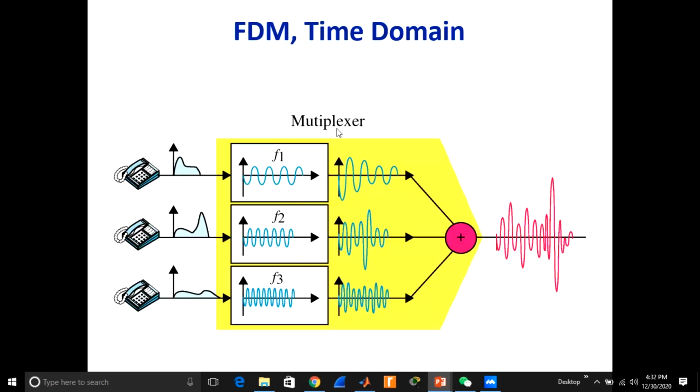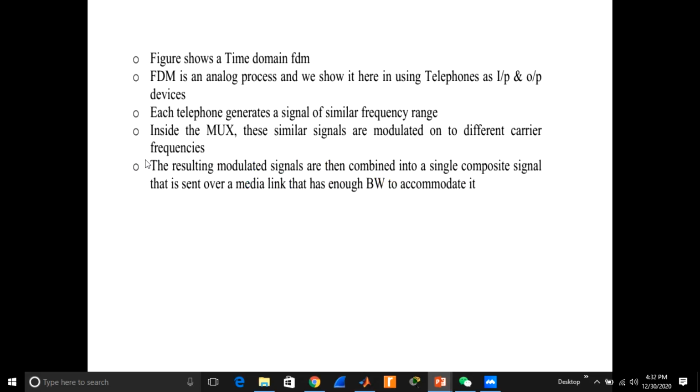So for this, they will use a multiplexing scheme, and one of the schemes is FDM. In this case, the transmitting capacity of the link will be higher than these three devices. Or if there are more devices, the transmission efficiency of the link will be higher than the devices that want to send data.